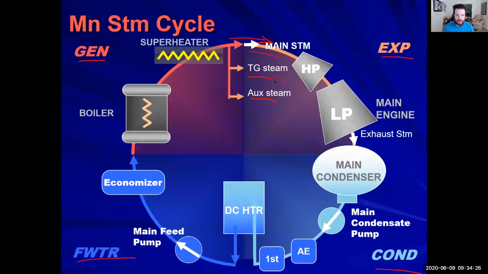Our TG steam goes to what, probably? What would the TG steam lead off to? Right now we're covering propulsion, but what else do we use that steam for?